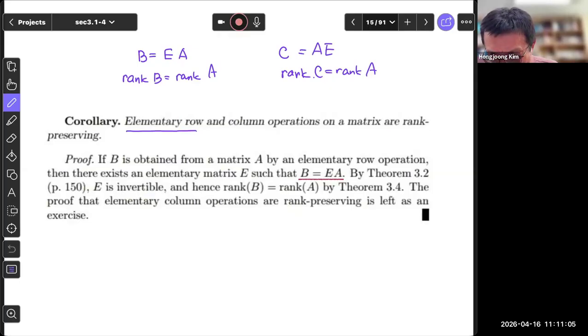So elementary row operations or elementary column operations are rank preserving. Rank is not changed.